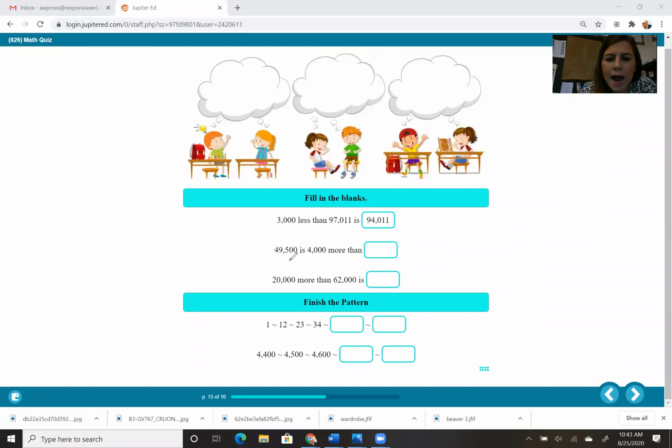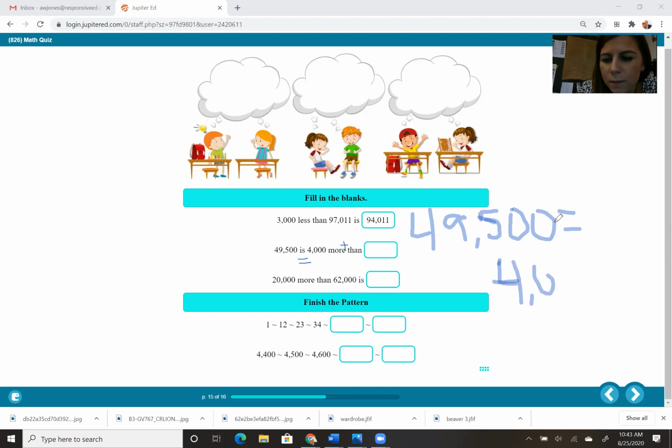Now, 49,500 is 4,000 more than what? So 49,500 equals 4,000 plus what number? So we can write that into the equation over here. 49,500 equals 4,000 plus what?